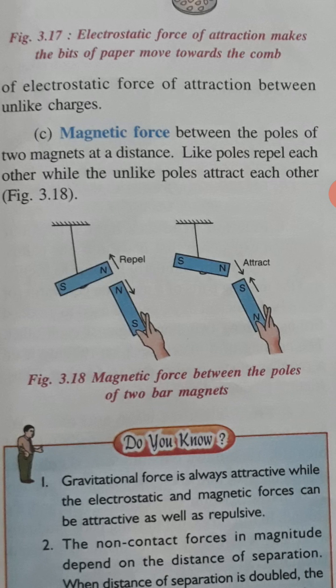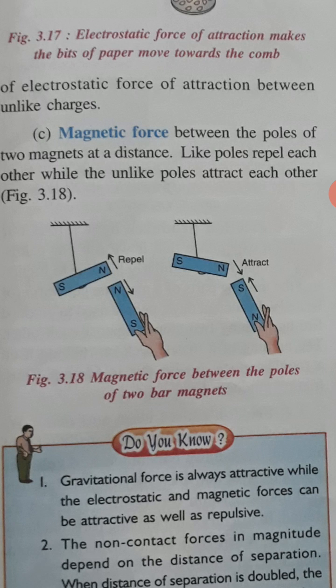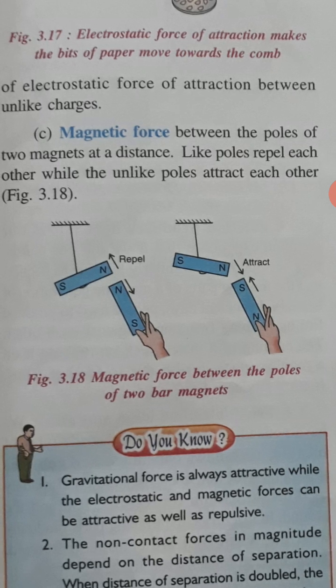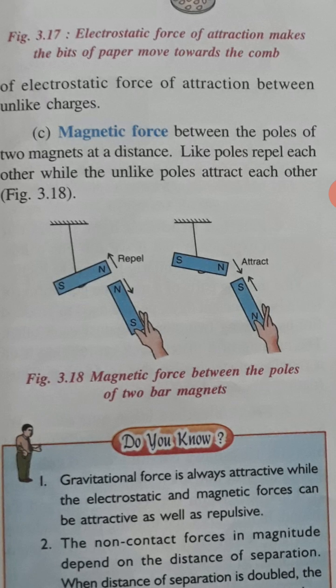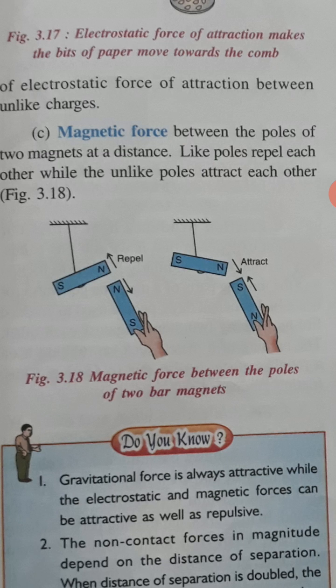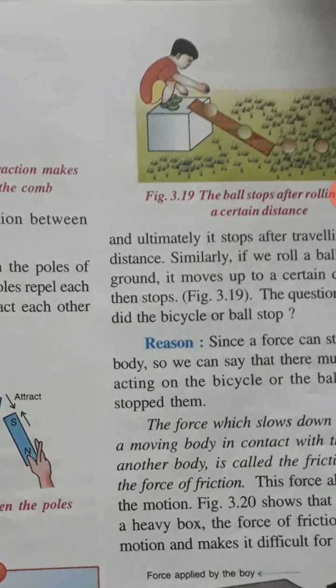So if you buy two magnets and bring the same poles towards each other, you will feel as if both the poles are pushing your hand away from each other. They don't want to come closer. While unlike poles attract each other. Unlike poles of a magnet, that is not similar, north and south, will attract each other. Just like electrostatic charges, same way, unlike poles attract each other, like poles repel each other.